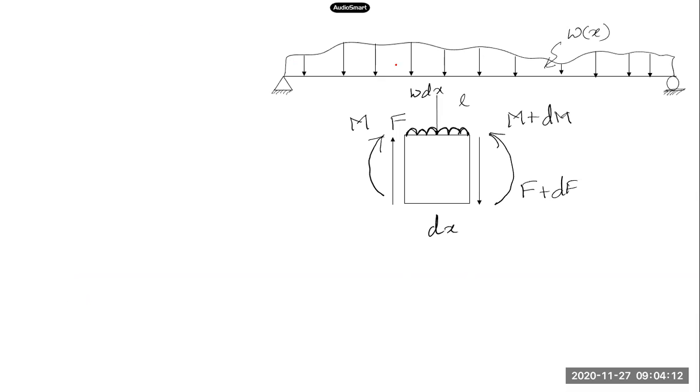For that purpose, this is a beam what I have taken here.